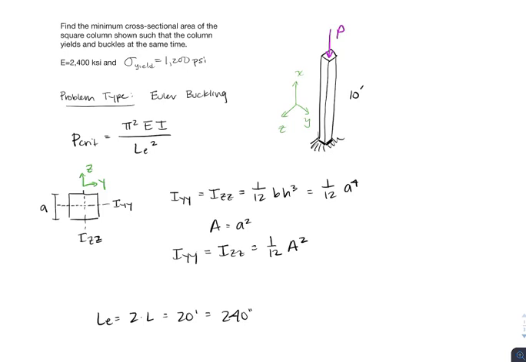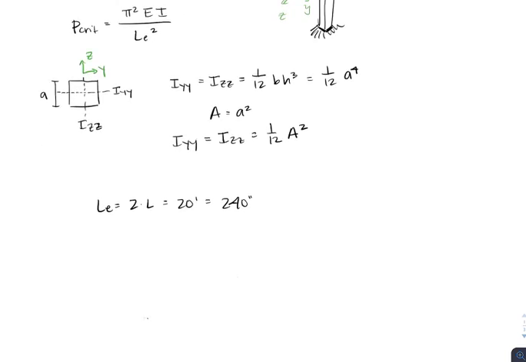So now the last thing that we have to do is just relate our yield stress to our critical point. So we just need to relate sigma y, which we're going to call sigma of the yielding, to our axial force, P crit. In order to do that, let's remember what yielding actually means in this case.